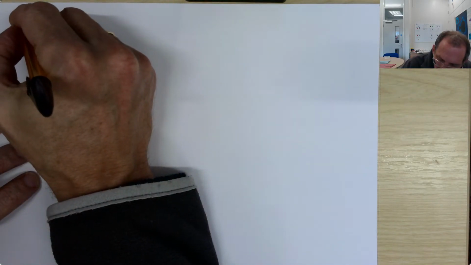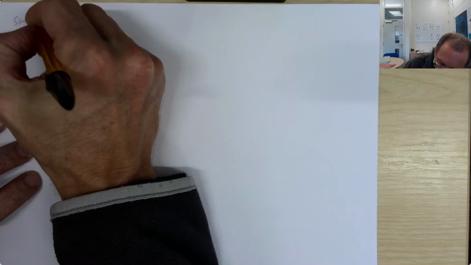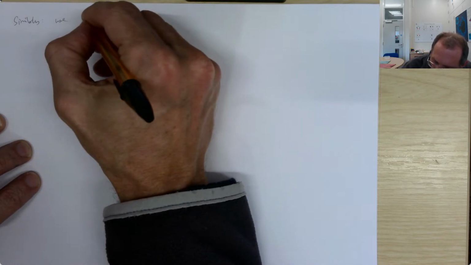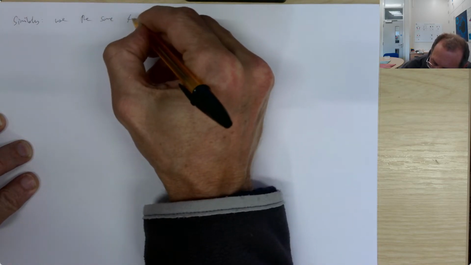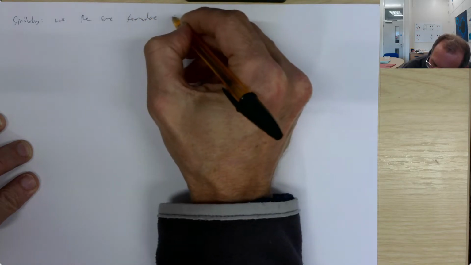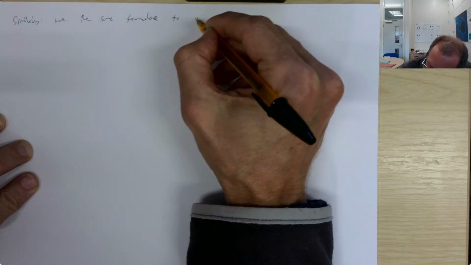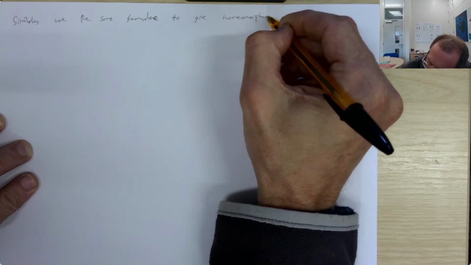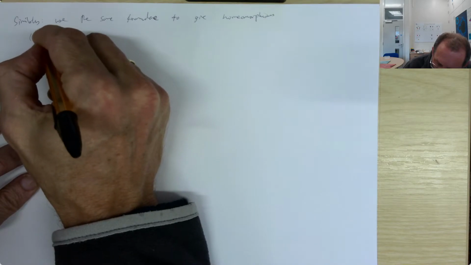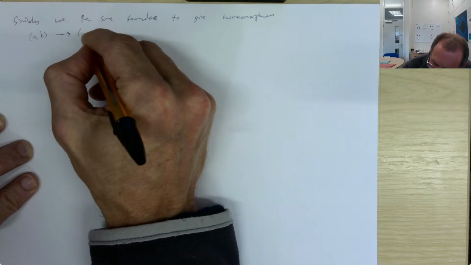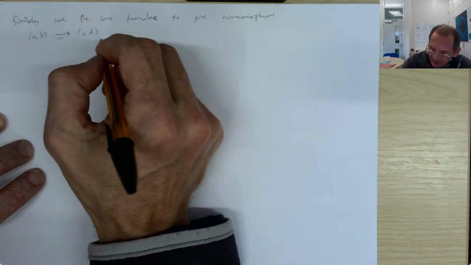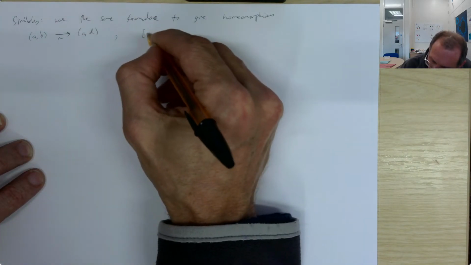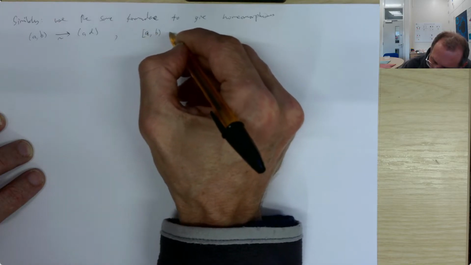We can also say similarly, use the same formulae to give homeomorphisms, so the doubly open intervals are homeomorphic, and similarly for half open intervals.